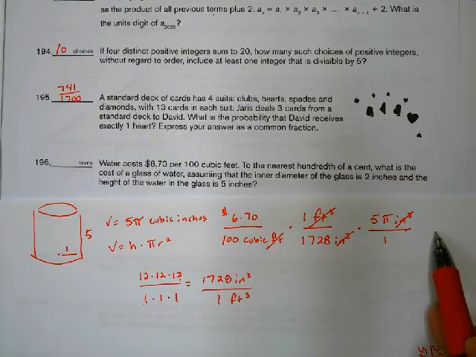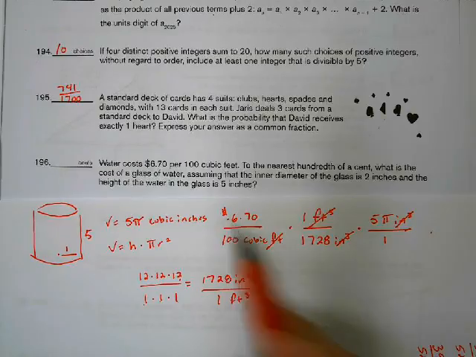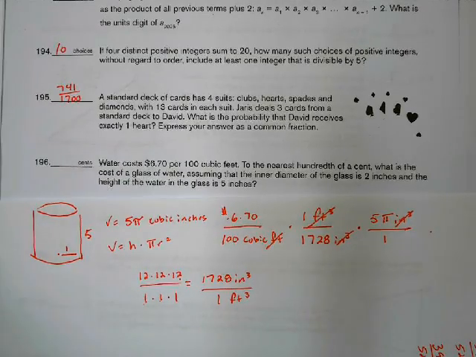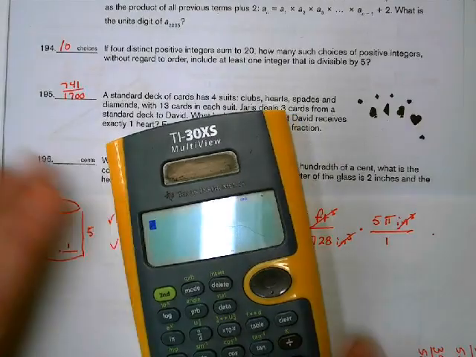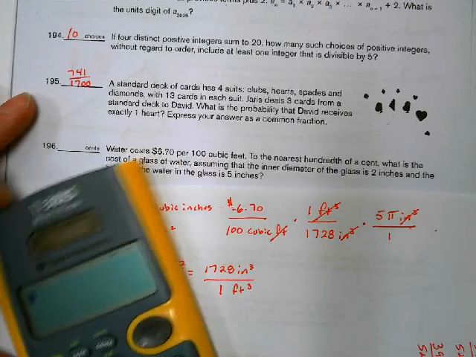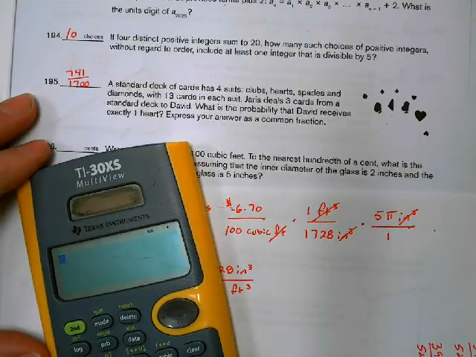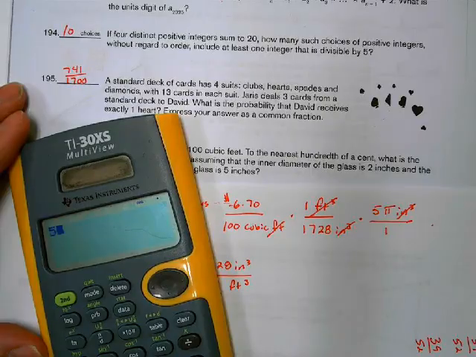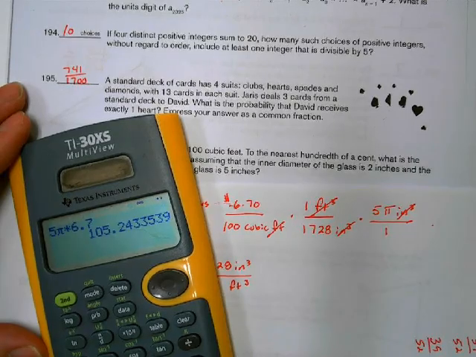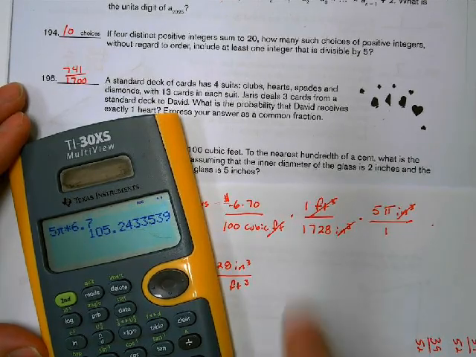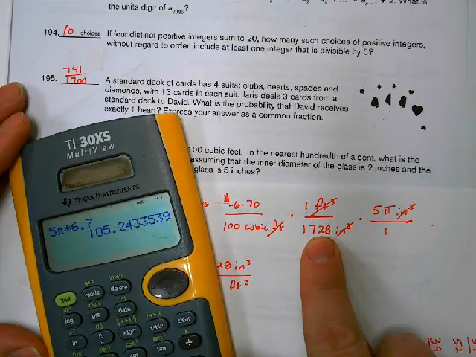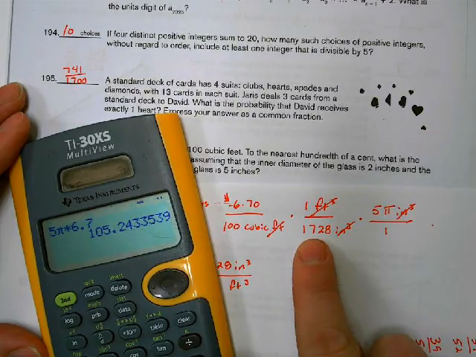My answer now, when I multiply going straight across, will be in dollars. So if we do 5 pi times 6.7, we get that number. Then we're going to divide it by these two numbers, 172800. Oops, dang it.